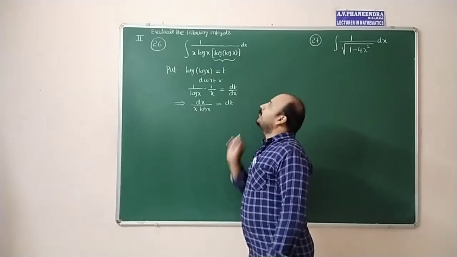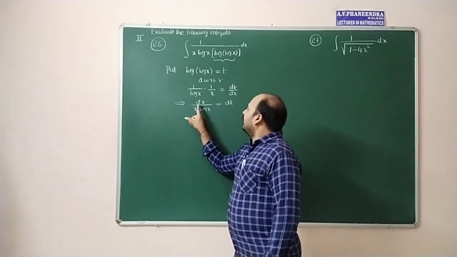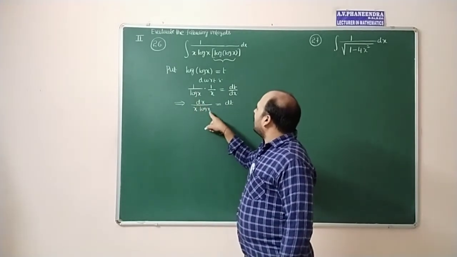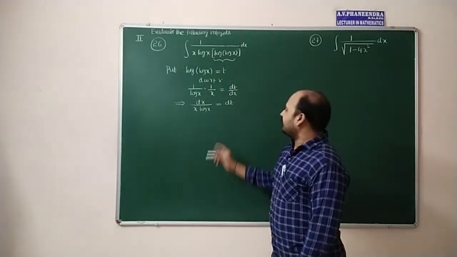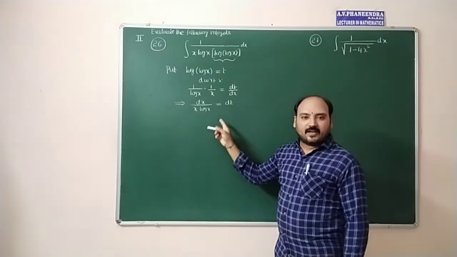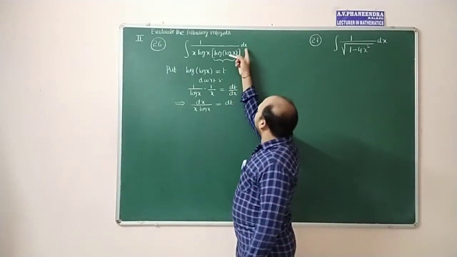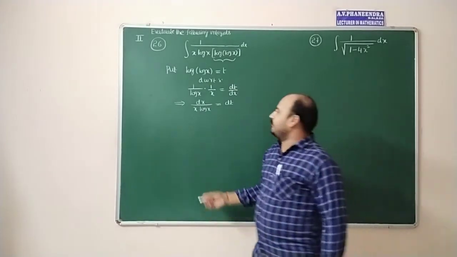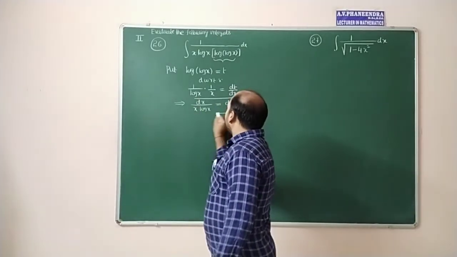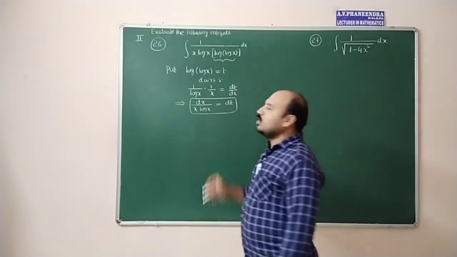In the next step, dx by x log x is already there, so in place of that you replace with dt. You can leave it like this: dx by x log x is equal to dt.